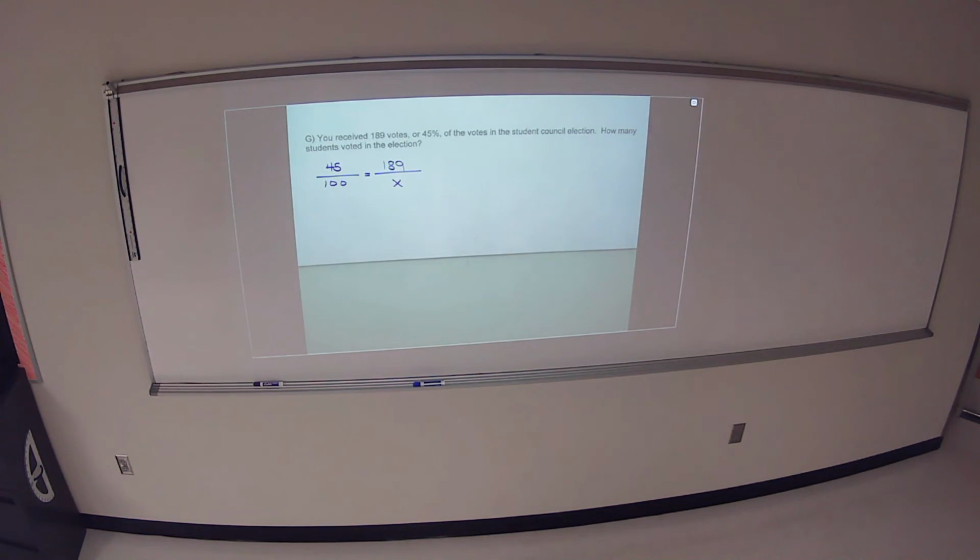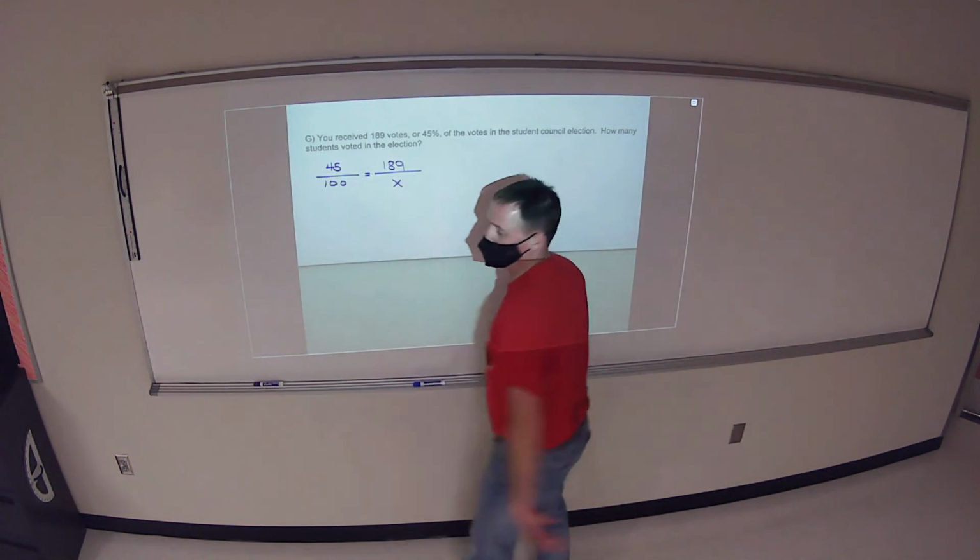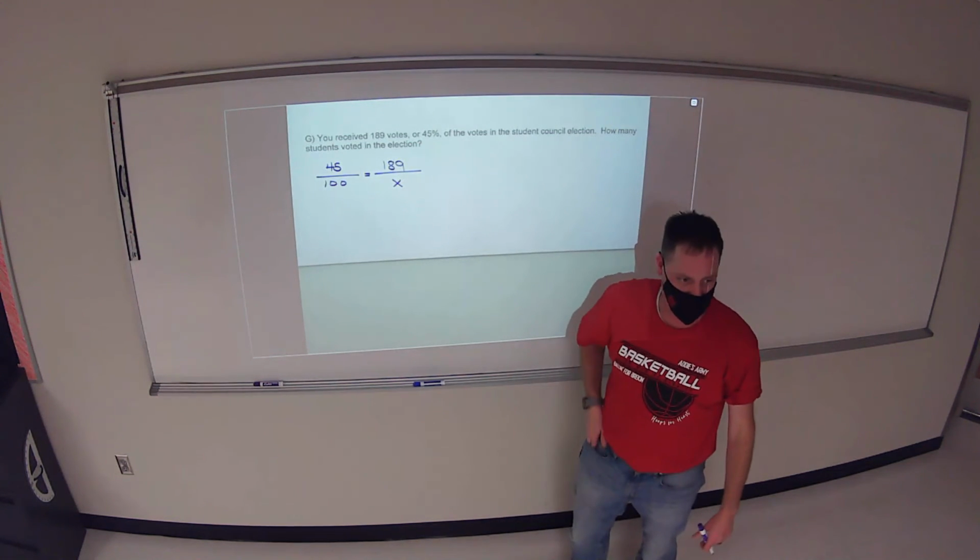Okay, I'll be honest. My concern is I'm not worried about whether or not we know how to solve proportions because I feel like we do. I'm concerned that we know how to set them up. And that's what this entire standard is all about. You got to be able to set them up. So in this one, really the only choice I'm going to have is to solve this by using cross products.